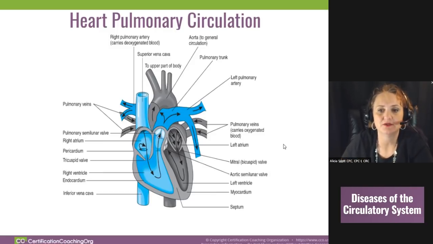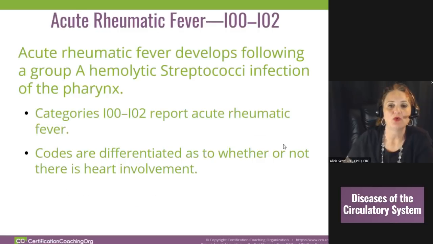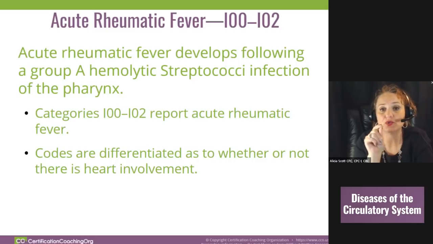Okay. All right. Now we're going to get into the diseases and the disease processes that are identified in ICD. When we start at the beginning, if you look at I00 through I02, these are going to be all rheumatic type conditions. So for acute rheumatic fever, now that is a very specific diagnosis.